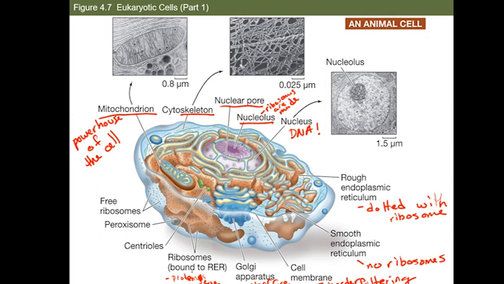Okay, proteins are made. Centrioles, these are made up of microtubules, and they're for cell division. Free ribosomes, where proteins are made, but that are free floating.